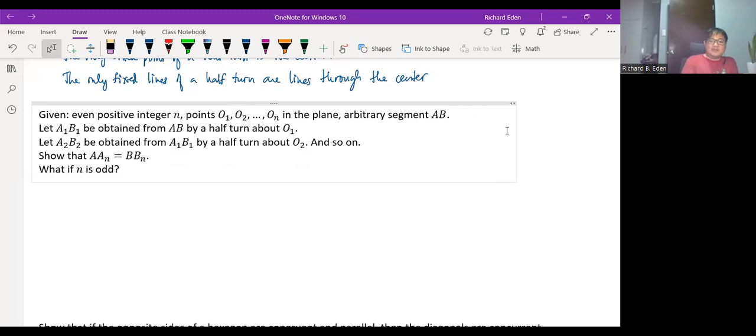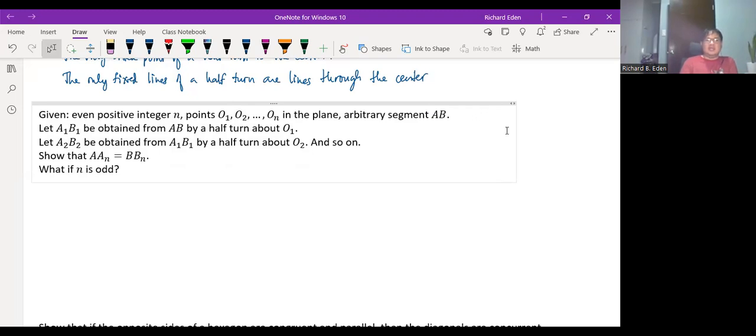And then we have an arbitrary segment AB. And then A1 B1 is what's obtained from AB by a half turn about O1. In other words, A1 B1 is the image of AB after the half turn on O1.